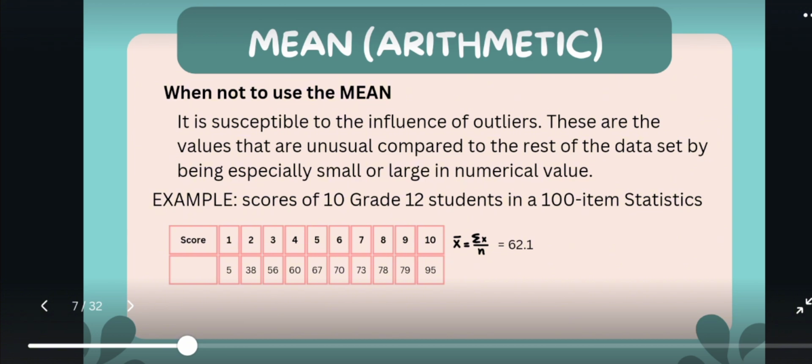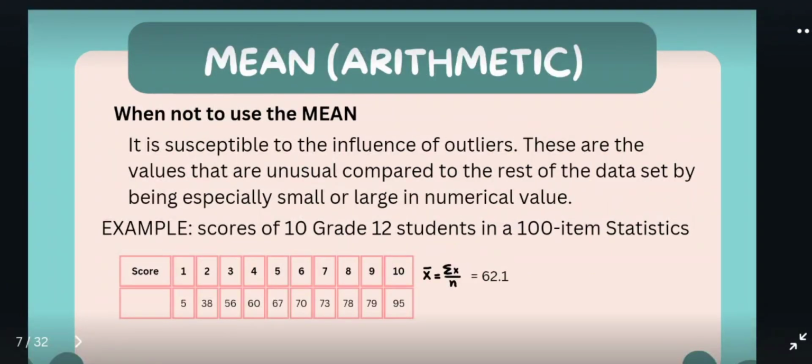Ayan. So, we can say na ang baba ng scores ng bata. Ang baba ng average score nila. 'Di ba? So, kapag ganito, class, yung naging answer natin, 62.1, ang ating magiging distribution or scores natin or mean natin is skewed by extremely low and extremely high scores.